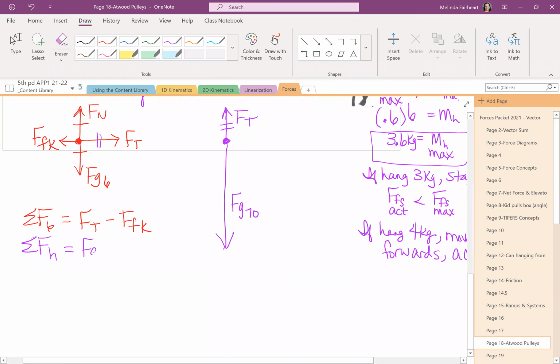It would be FG 70 minus that tension. And when you put them together to take a system approach, notice your tension, whatever it is, still a Newton's third law, it's still going to cancel out. And we'll have FG 70 minus the kinetic.